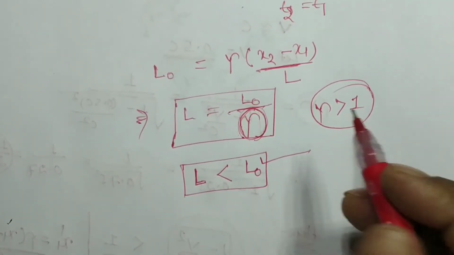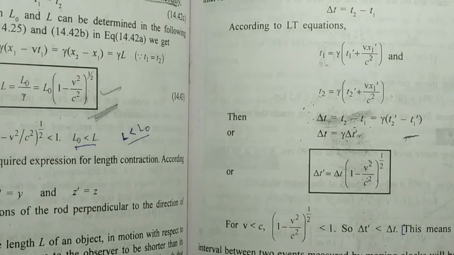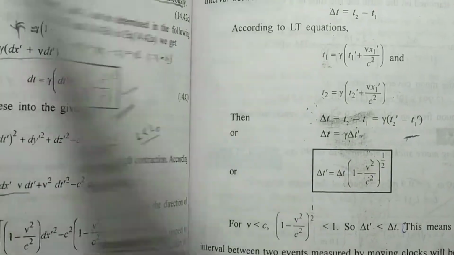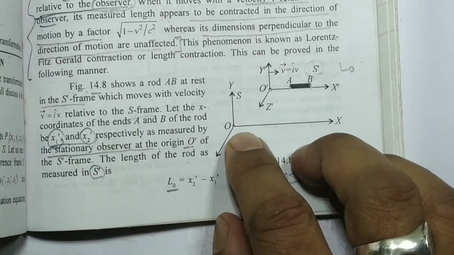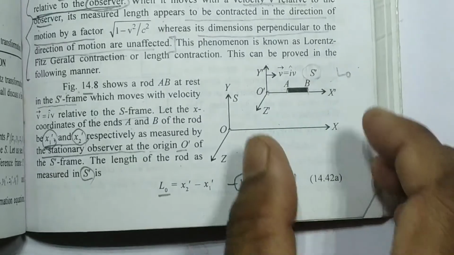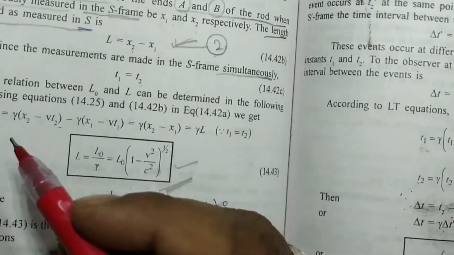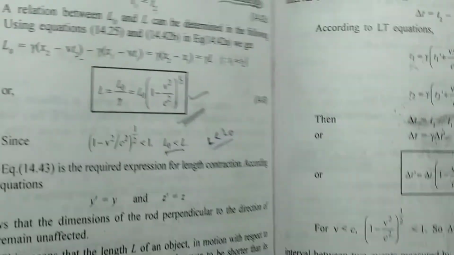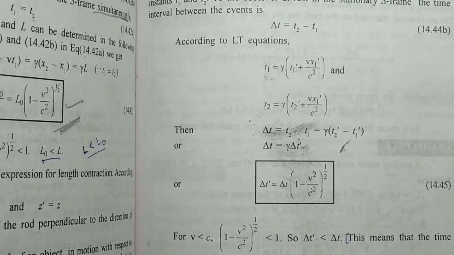So in this way we understood that the observer sitting in the S frame observes that the proper length seems to be contracted. Here I derived two to three steps, but in the book it is not written, so you may derive it or write it directly, no problem.